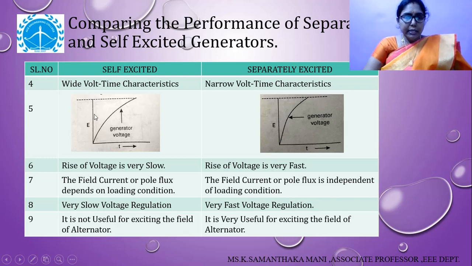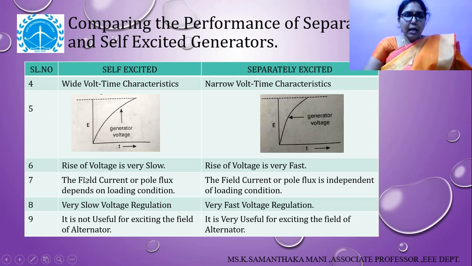Here the generated voltage is gradually increasing. And coming to the separately excited generator, it increases very fast, and it reaches the rated generated voltage very quickly.